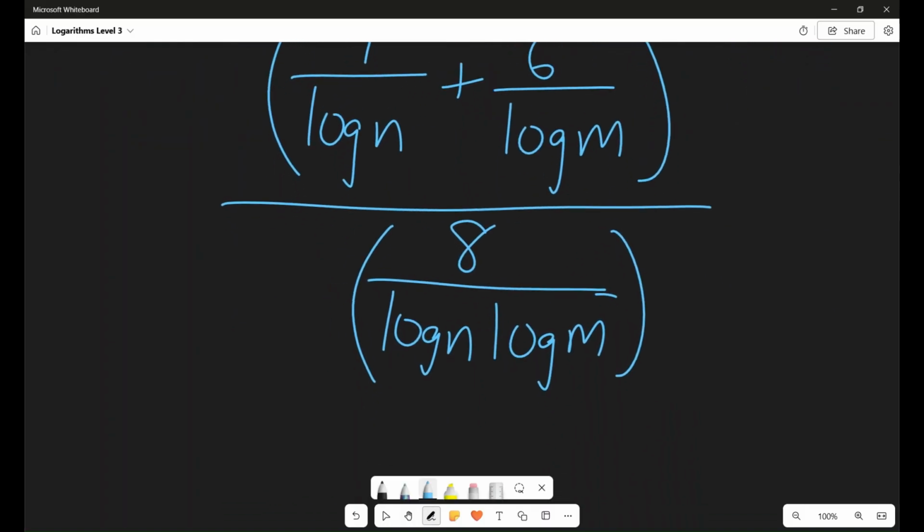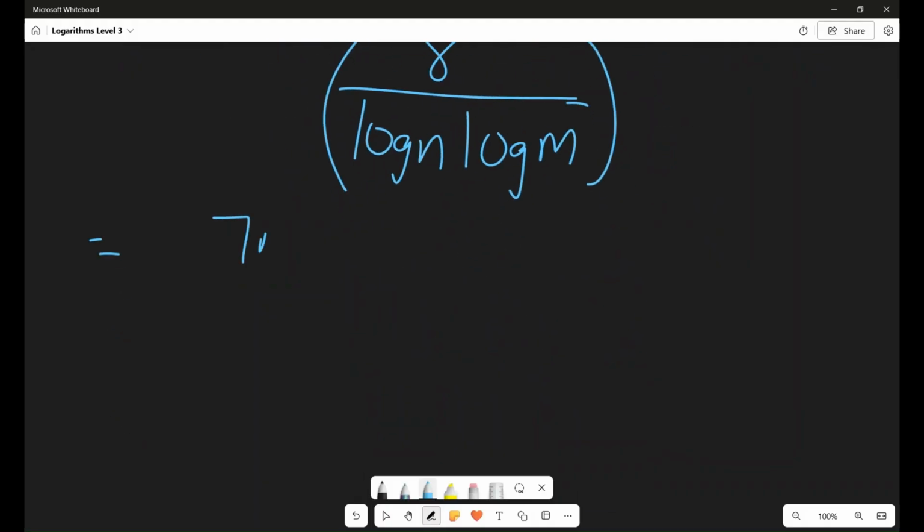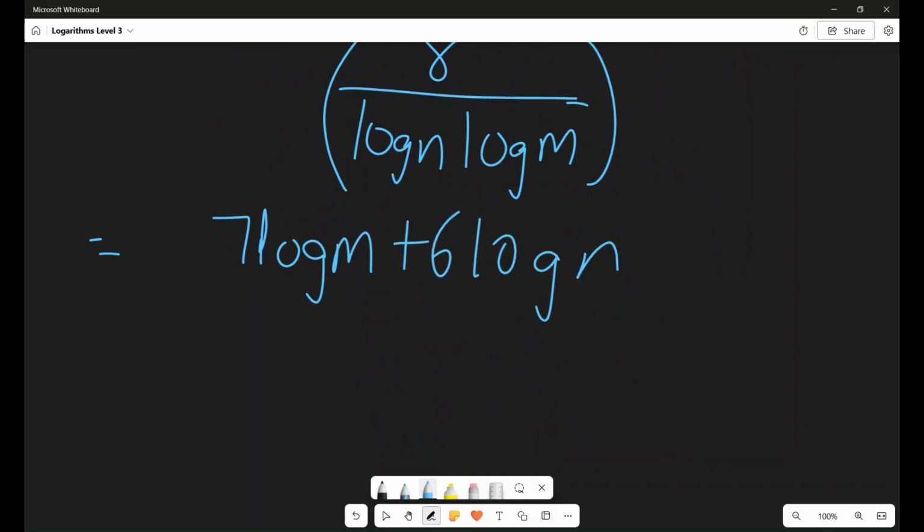And now when we simplify this, it just comes out to 7 log m plus 6 log n over 8.